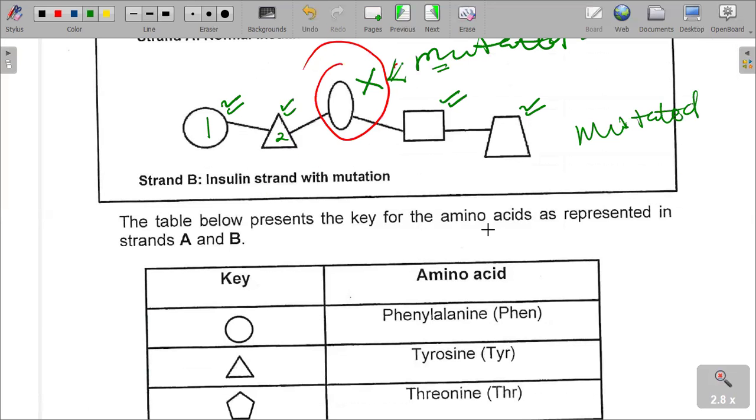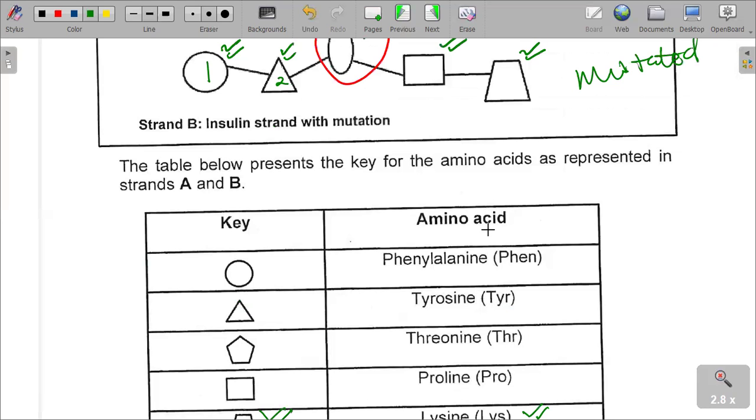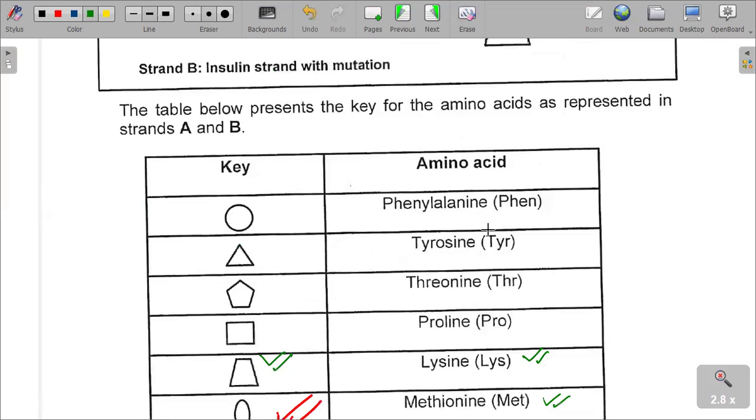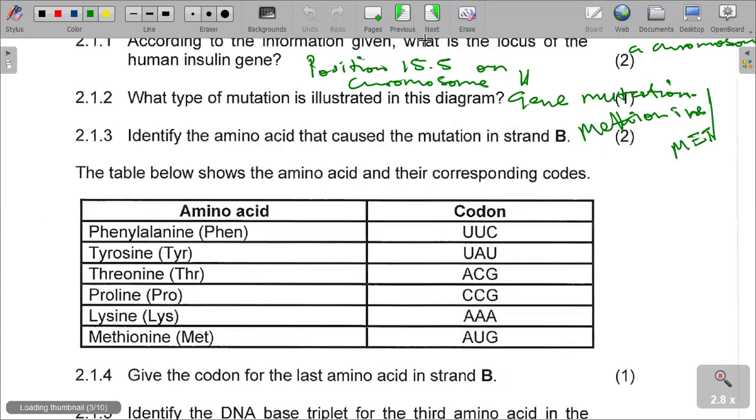So we identify that it is representing lysine, and then you go to the key and you see that lysine is that one. So you go to the question now and check which codon represents lysine.